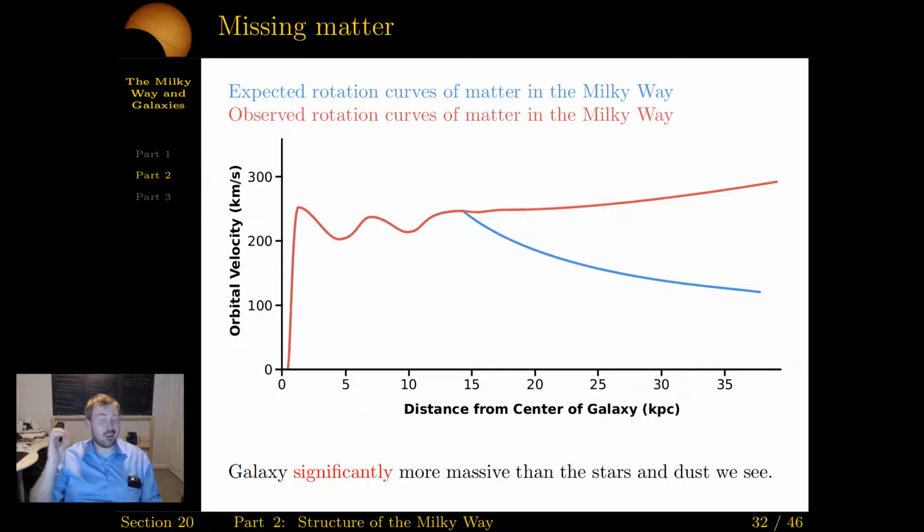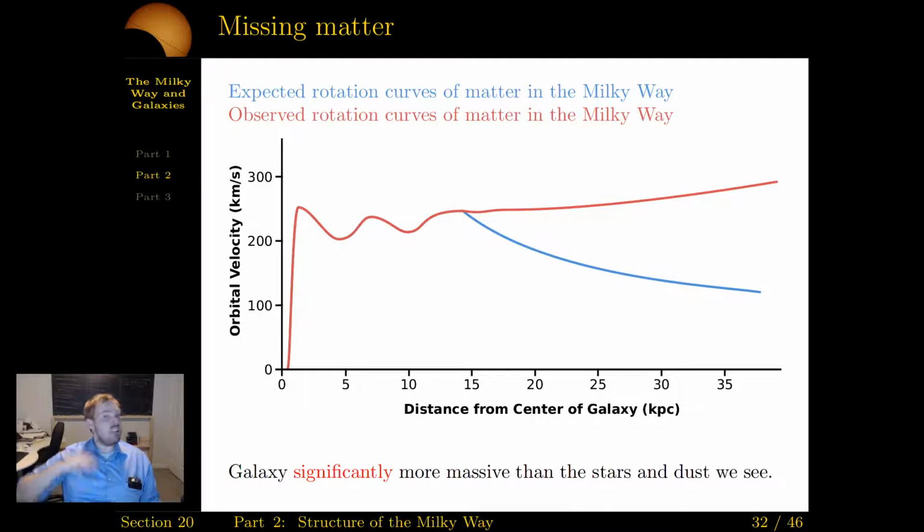But then we actually look at the data. We sweep across the Milky Way. And yes, in the centers, we start getting the patterns we expect. But when you look out across the Milky Way, go further and further out, the arms are actually rotating faster than what we'd predict, much faster. And the only explanation we could think of for this is that the galaxy has a lot more mass.